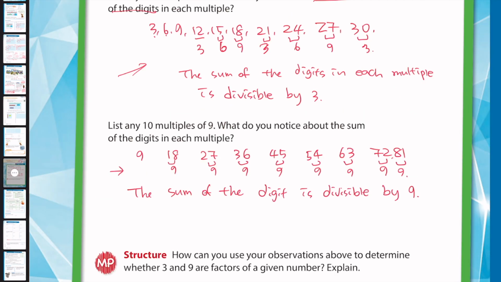How can you use the observations above to determine whether 3 and 9 are factors of a given number? Explain. A given number means an unknown, random number. So find the sum of the digits of the given number.